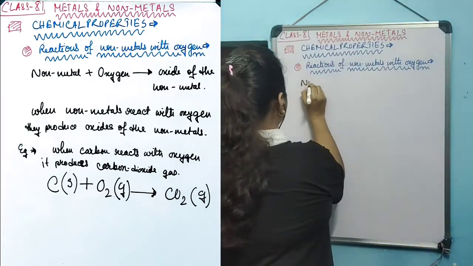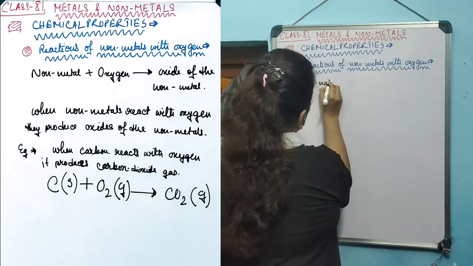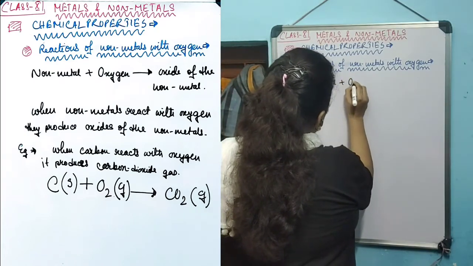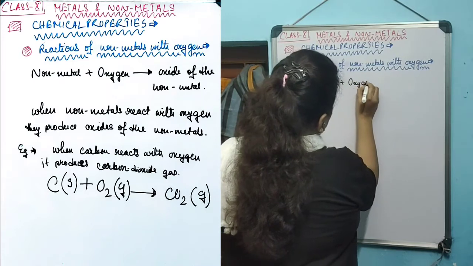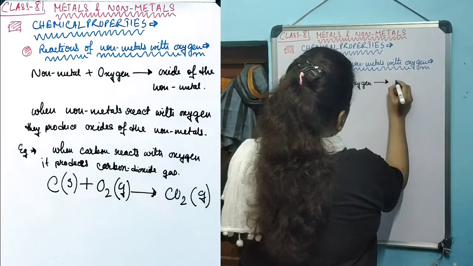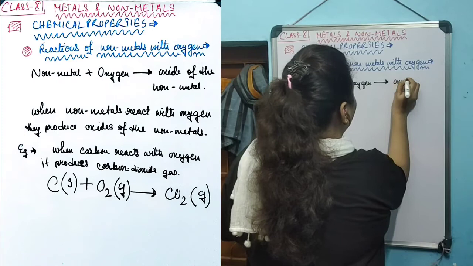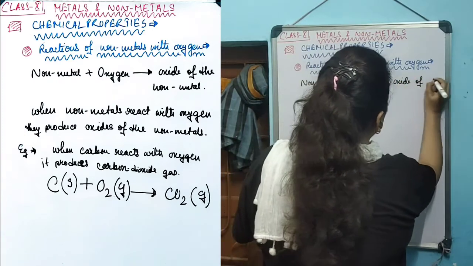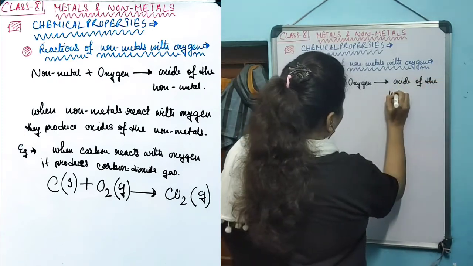So when a nonmetal reacts with oxygen, it produces the oxide of that nonmetal.